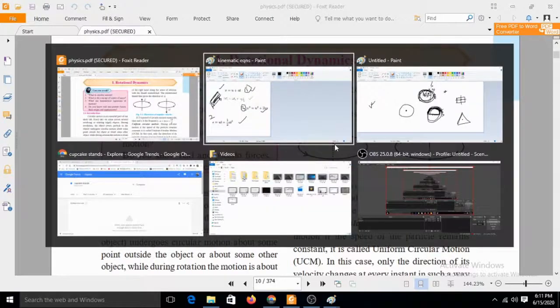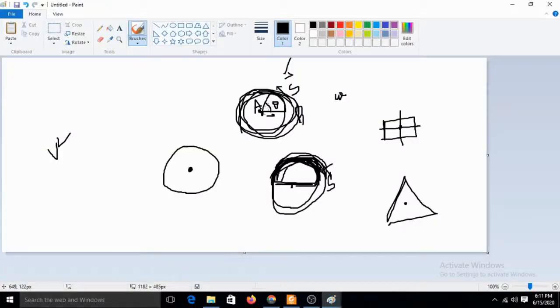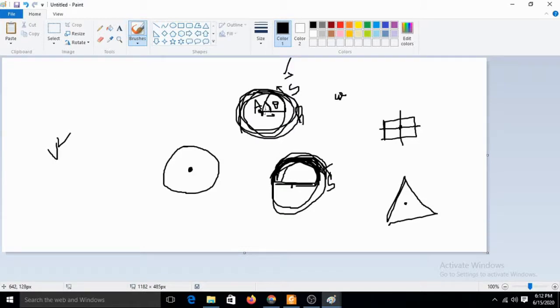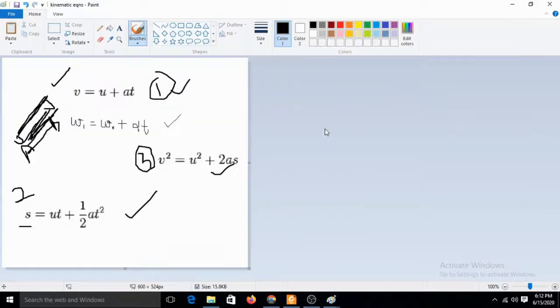Previously I told you that s is the linear displacement in rectilinear motion, and over here it is angular: when it moves from one point to another, the displacement is found as theta.